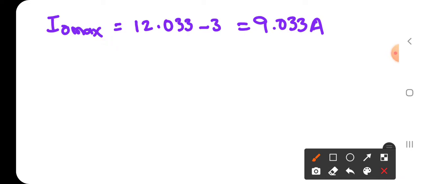Similarly, can we find IO min? Yes, we can. IO min is equal to, what is the formula?